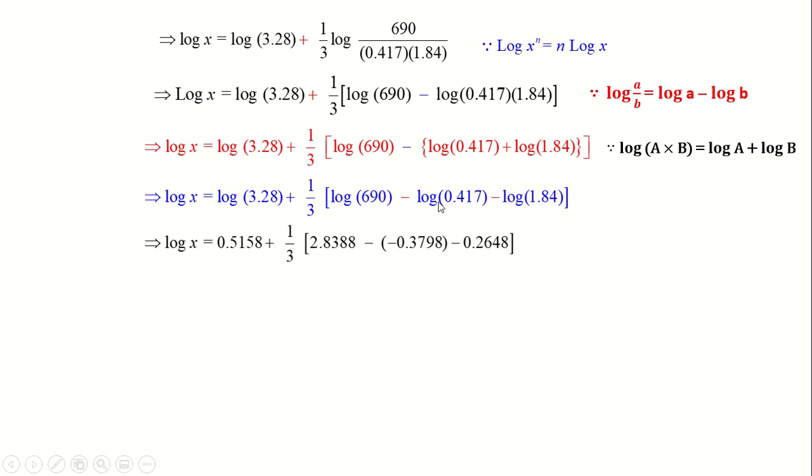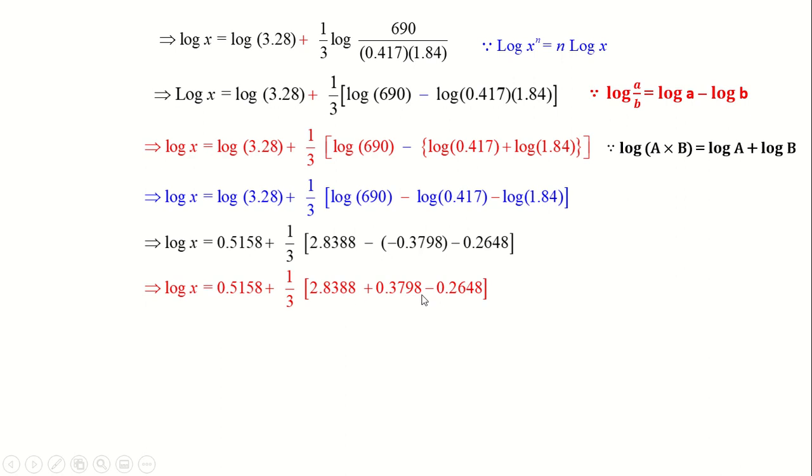Some students mistakenly write this log as just 0.3798. It is negative. Be careful when you use calculator and find out log of 0.417. It must be negative. Minus sign is already there, so it makes it plus. It makes it positive. Be careful about this step.